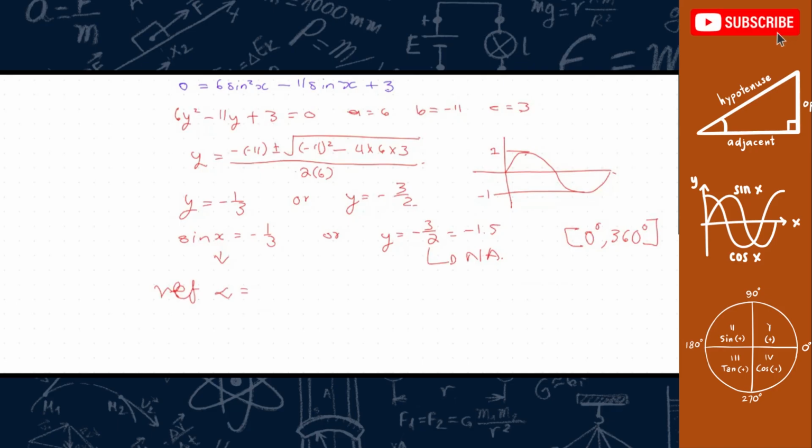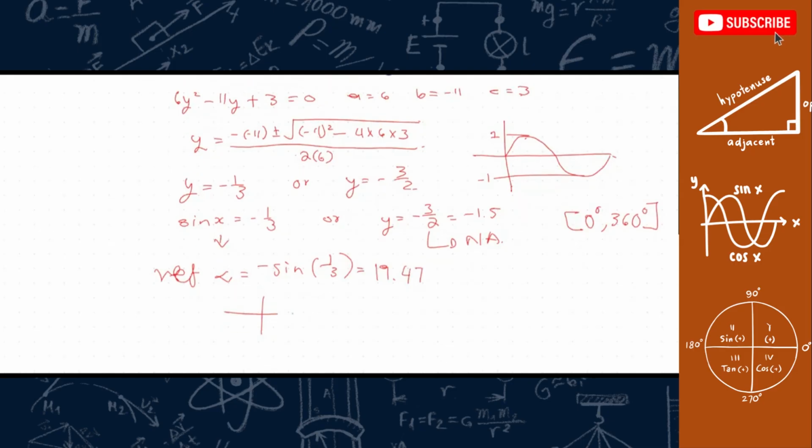So you'll just get the inverse of a positive 1/3, not a negative. You don't have to worry about that, giving us a reference angle of 19.47. Then we're going to look for quadrants where it is negative. That's this quadrant and that quadrant.